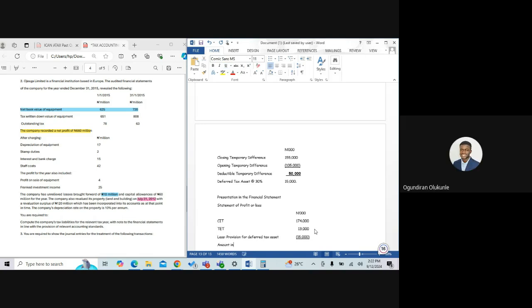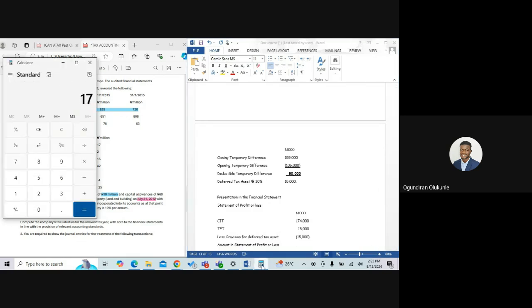So if we do it that way, what do we have in total? Amount in statement of profit or loss. How much is that? 174 plus 13 minus 15. What do you have? 172,000.